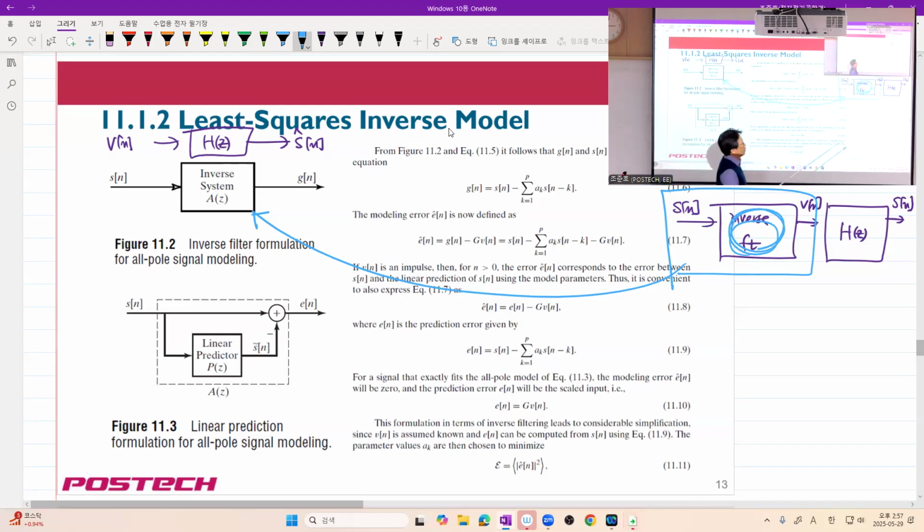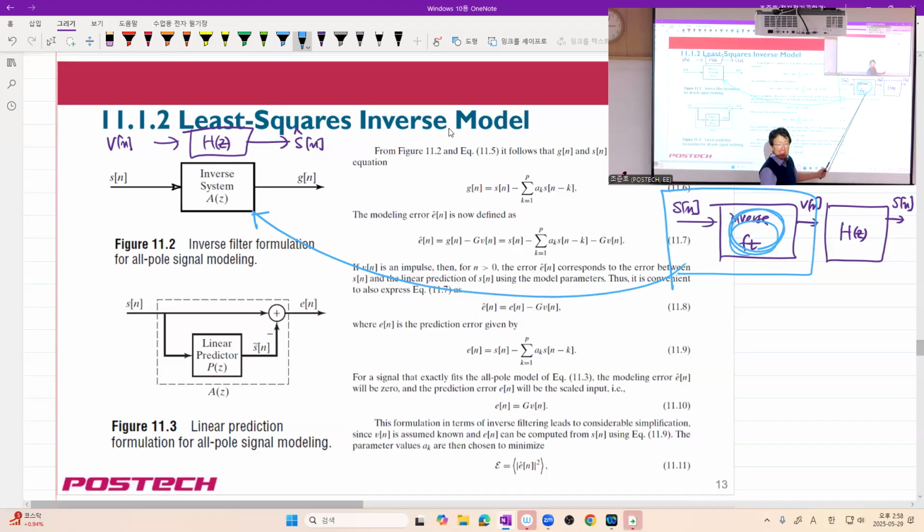Let me repeat it again. Ideally, this is just the inverse of that one. So still, there could be many different choices of V and H, theoretically. Now what we do is limit this one, in some cases like speech compression, to an all-pole system. Then the inverse becomes an all-zero system.